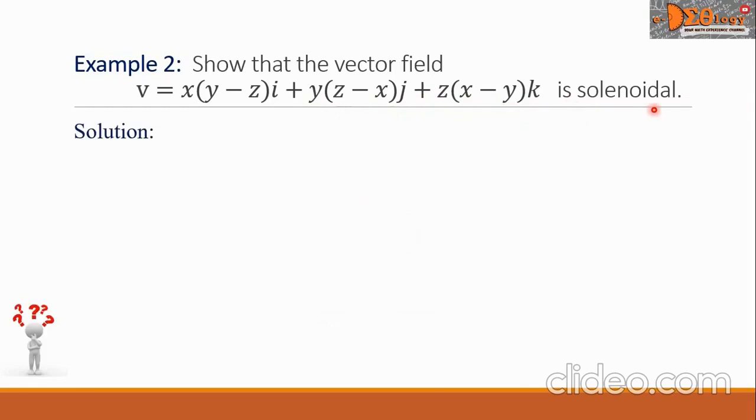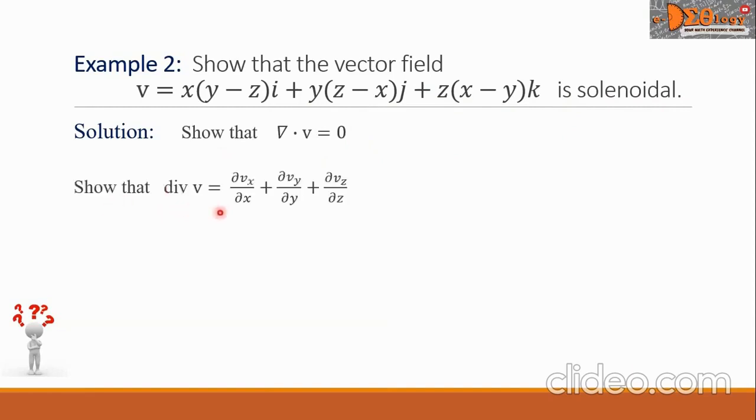So what we're going to do here is to show that grad dot v equals 0, which means we're going to show that the divergence of v, which is equal to this formula with partial derivatives, is equal to 0. So step 1, we list down v sub x, v sub y, and v sub z.